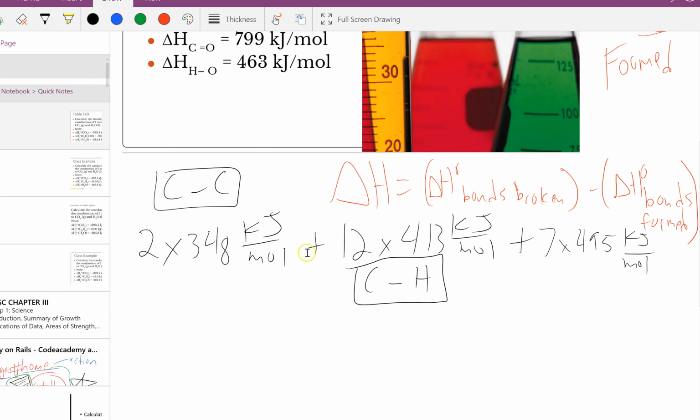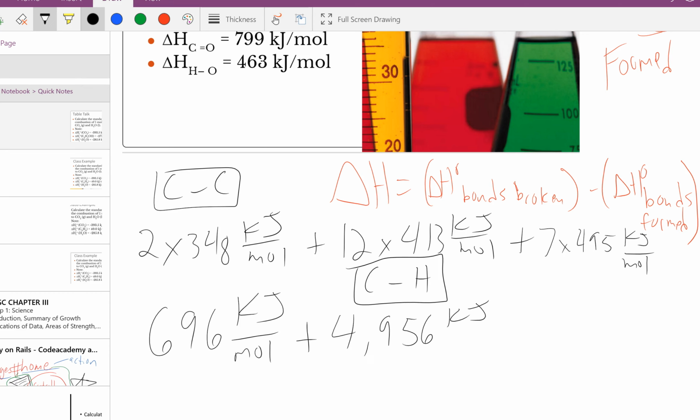Now when I do the math, I'm going to get, so this one is a total of 696 kilojoules per mole, plus a total of 4,956 kilojoules per mole, plus a total of 3,465 kilojoules per mole.